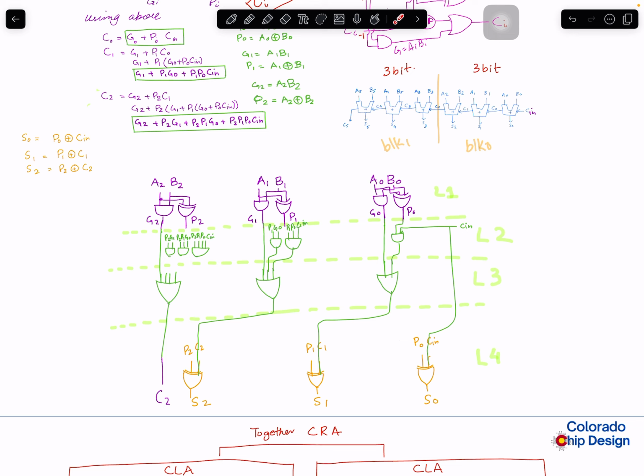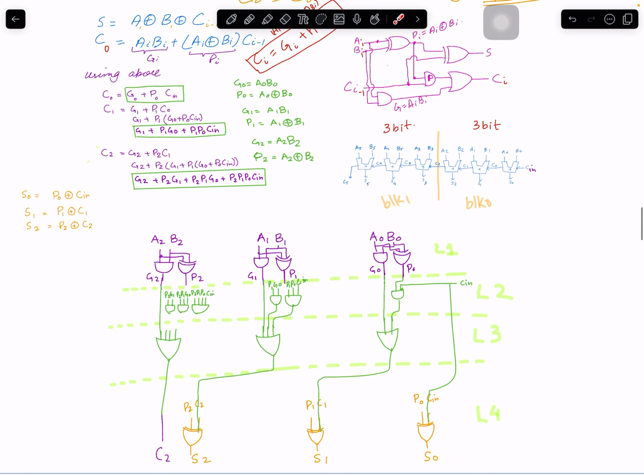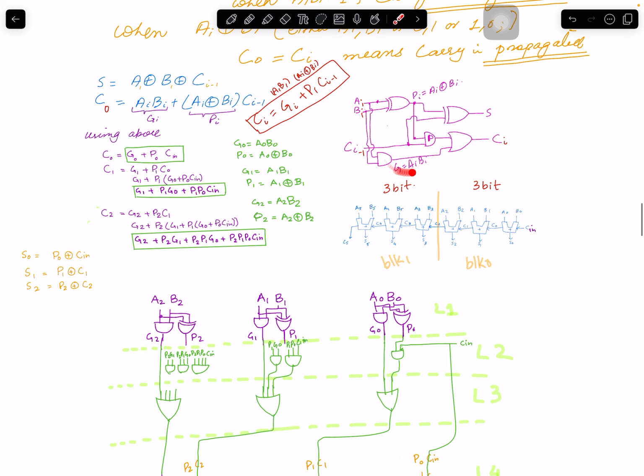So again, we have 3 full adders. I am drawing the block diagrams inside for both sum and carry. So the carry output, look at that. We have A2, B2 coming in, right? Similar to this, let's keep this in mind. It's just moving this whole thing upside down. Then we have the exclusive OR gate coming here.